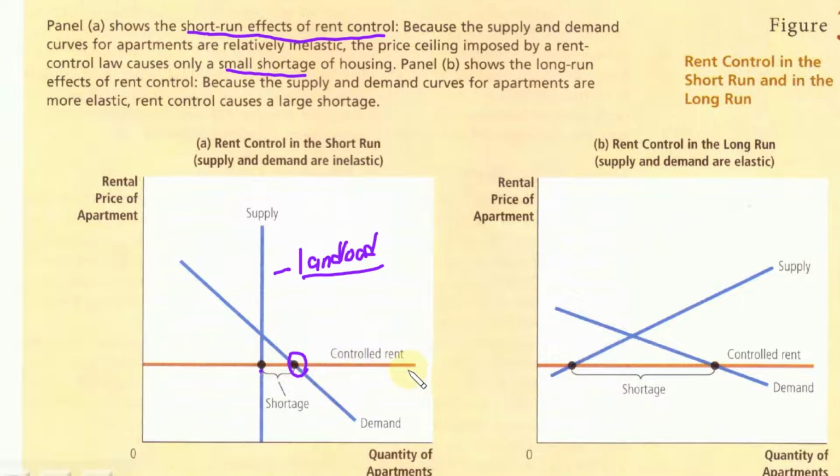The landlord will fix the supply. They don't want to rent out more apartments, because as they increase the number of apartments, their interest will be reduced since the price is fixed here. So the gap between these two equilibria is a shortage, because this price is a guideline.